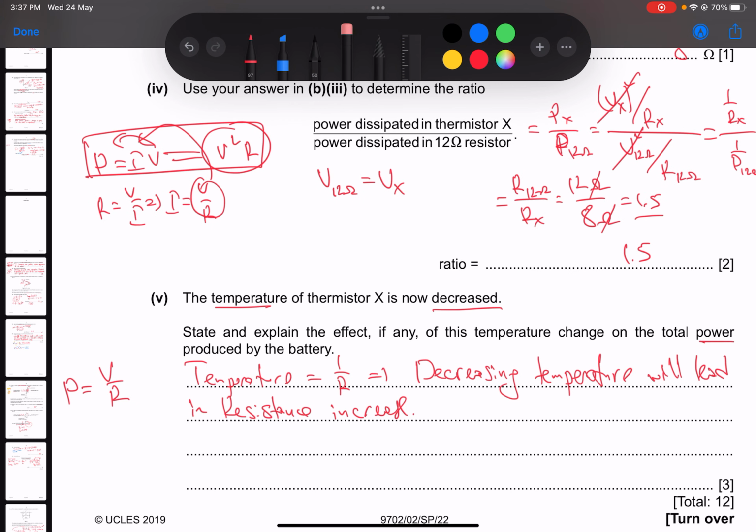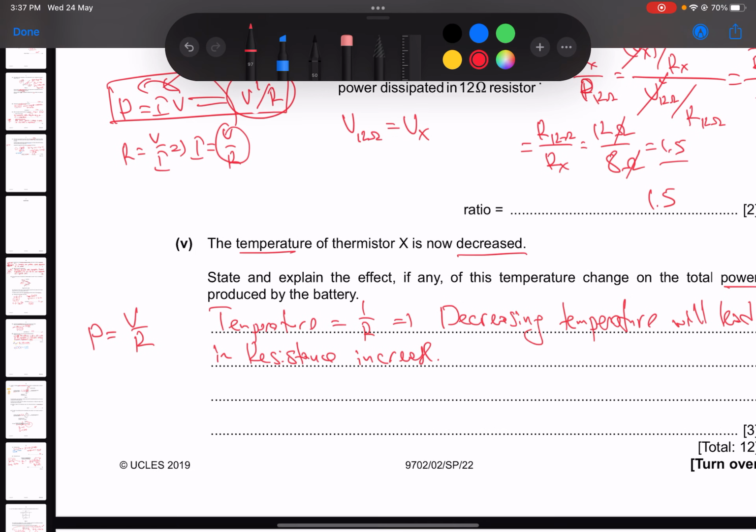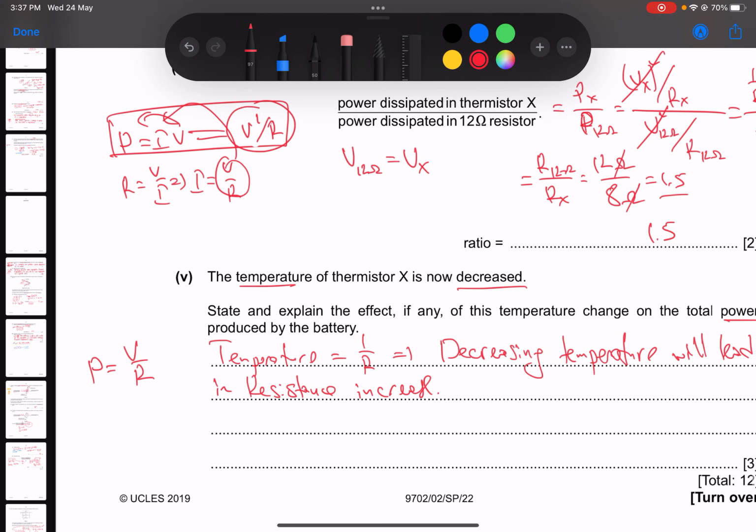I didn't put the square over, very sorry, a little early. Power is going to be IV, from there it's V squared over R. Yeah, now it's correct.